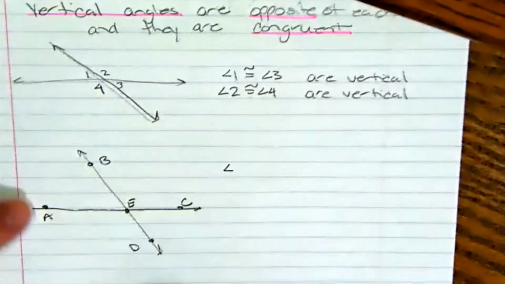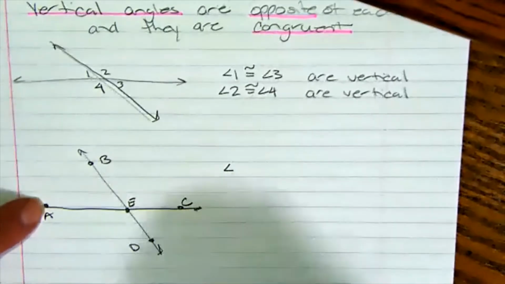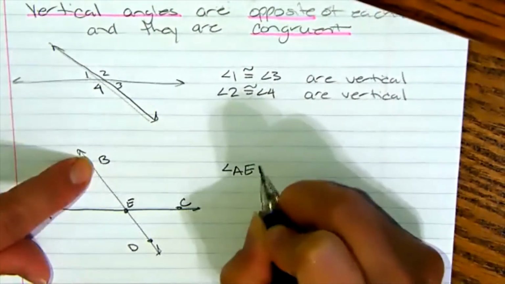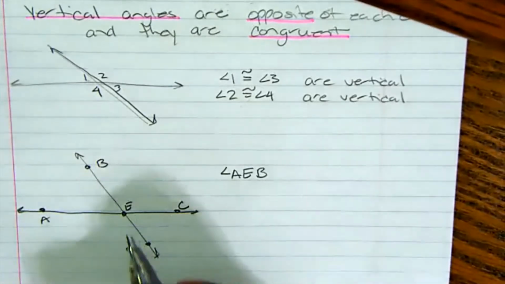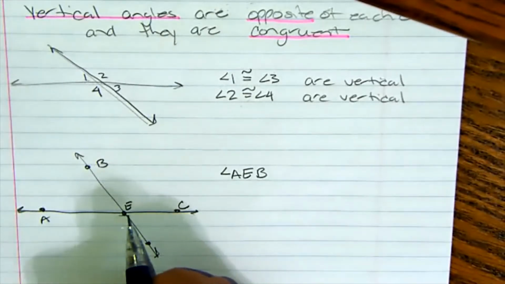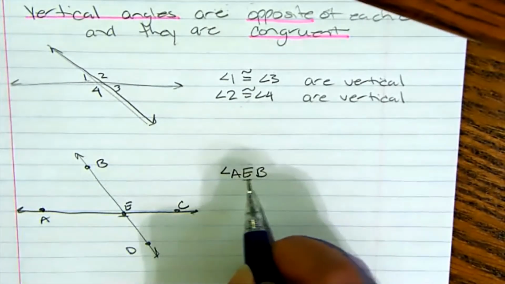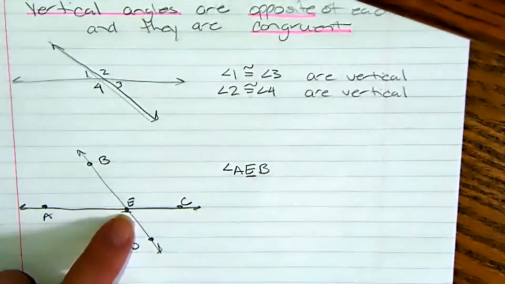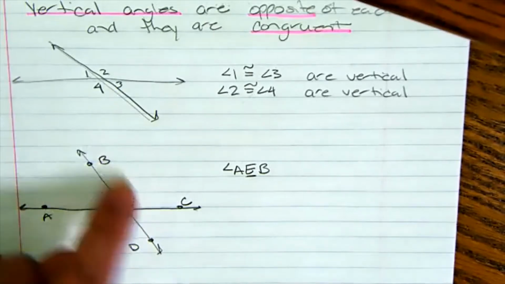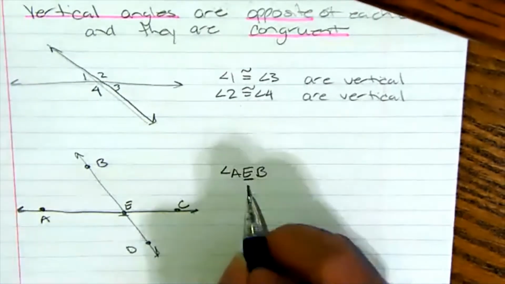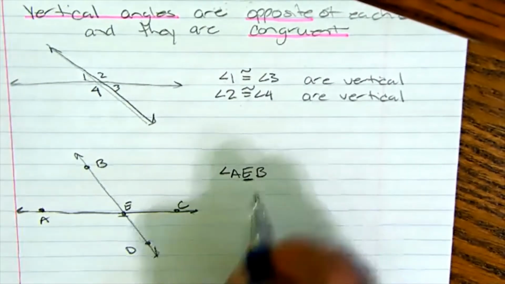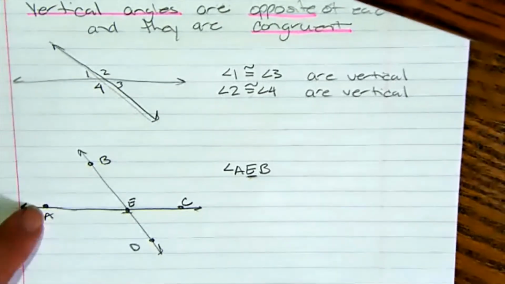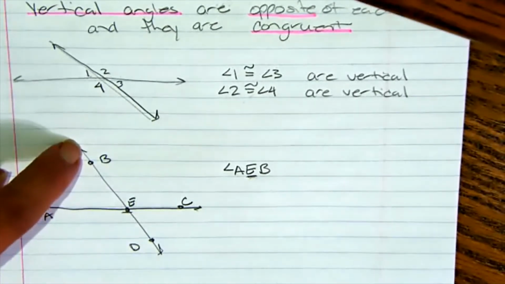So this would be angle A, E, B. And the vertex of the angle will always be in the middle of the angle name because the vertex is in the middle of the angle. Therefore, it's in the middle of the angle name. So we have angle AEB.